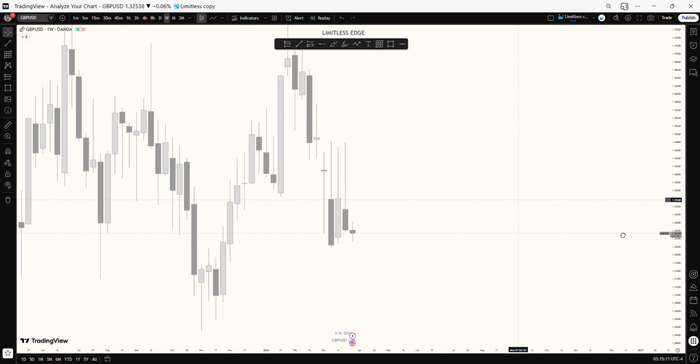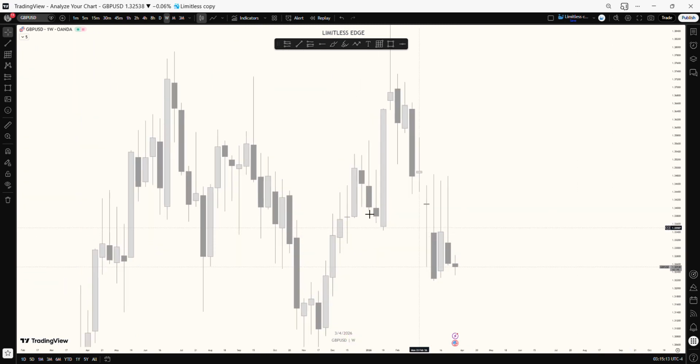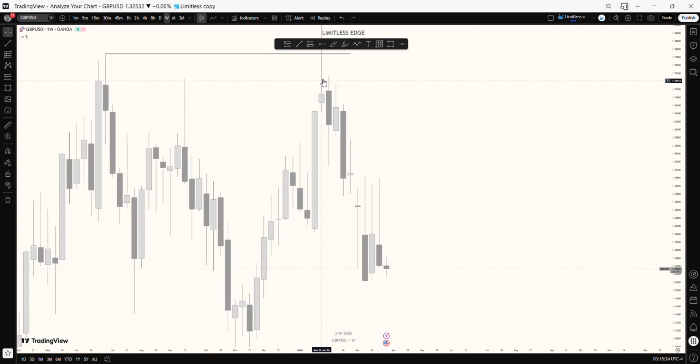From the weekly, based on my previous videos, price rejected from this high, price rejected from here, started selling. You can see the momentum, started selling at this point. It broke this low, and yeah, closed below again.